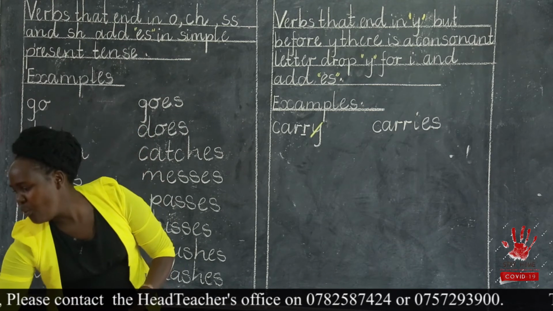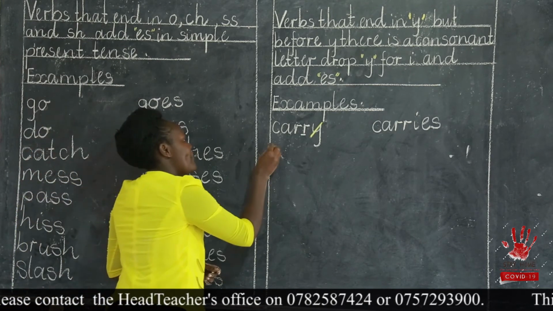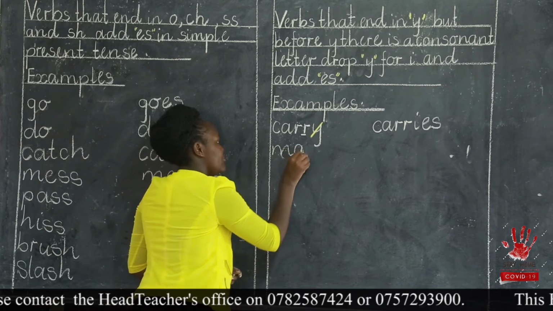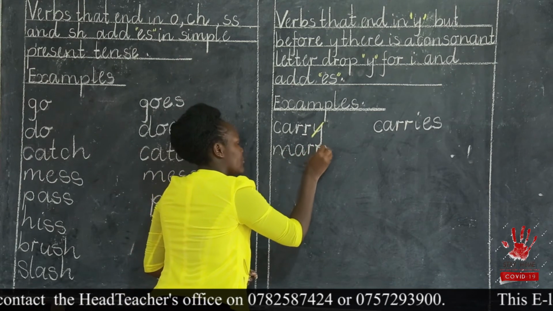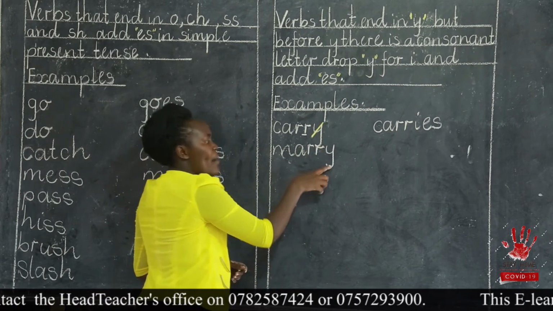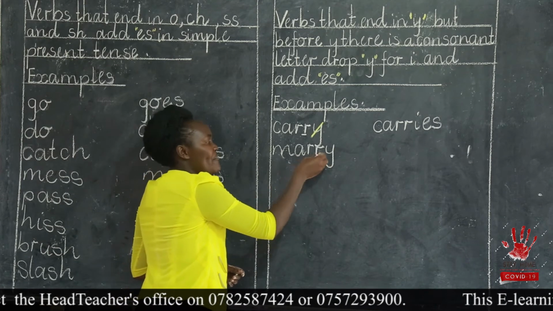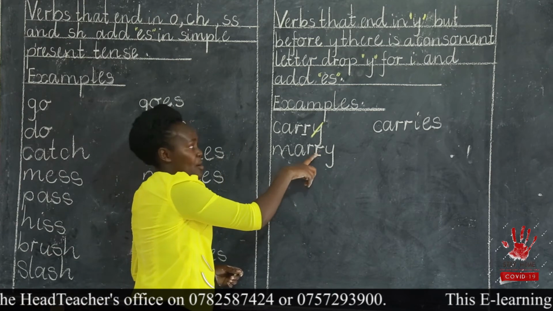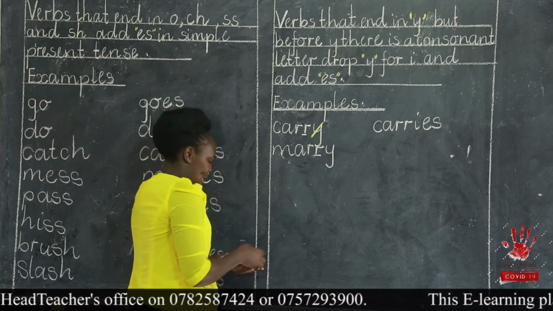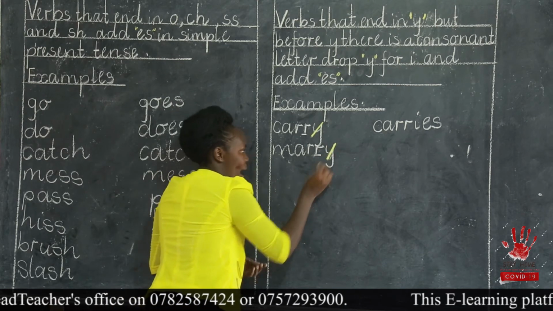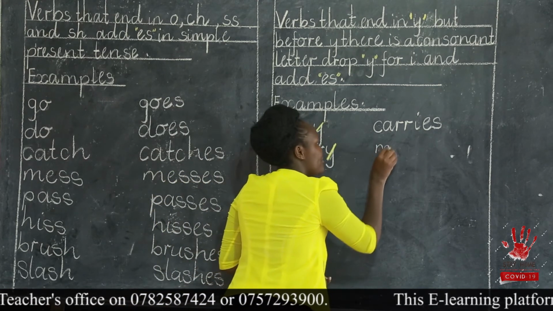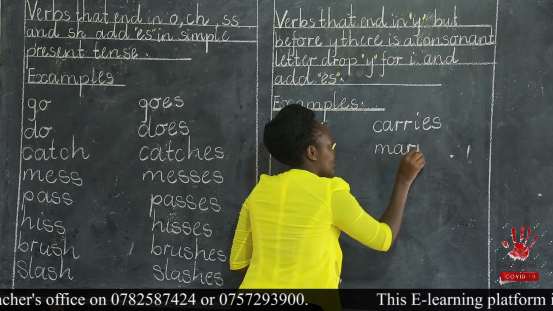Give me more. We have verbs like marry. Marry ends in Y. Before Y, there is letter R, which is a consonant letter. We shall drop Y, and we shall remain with these letters.